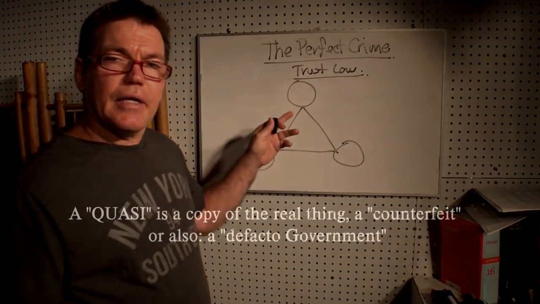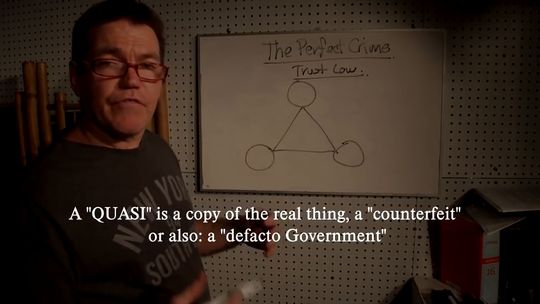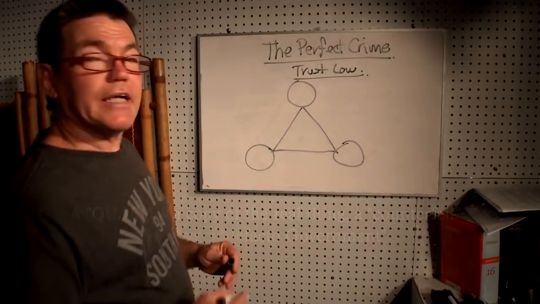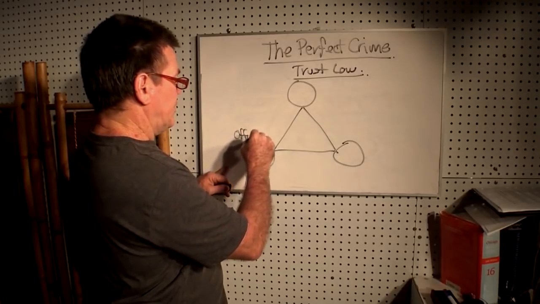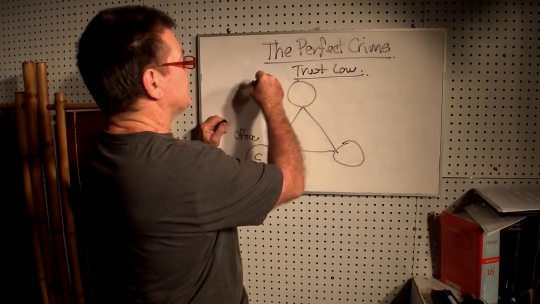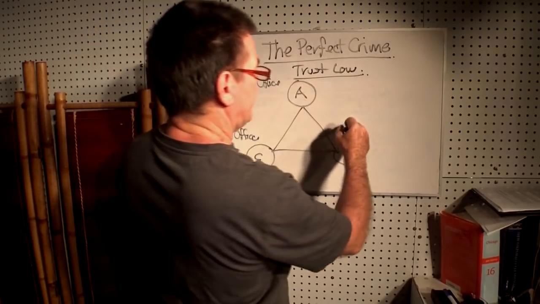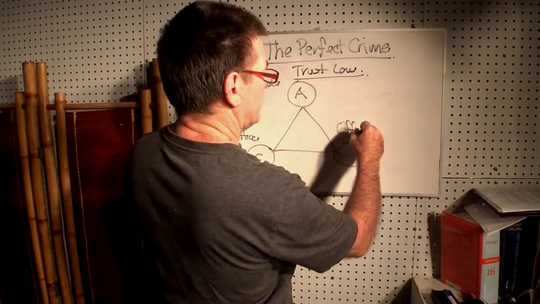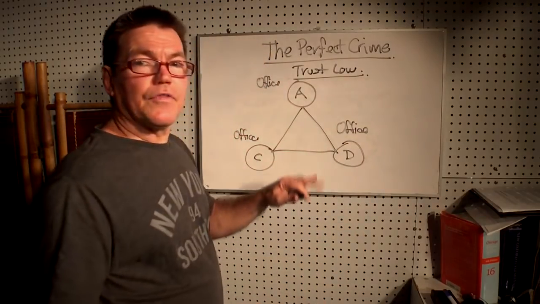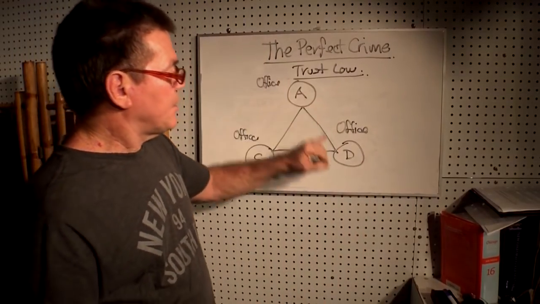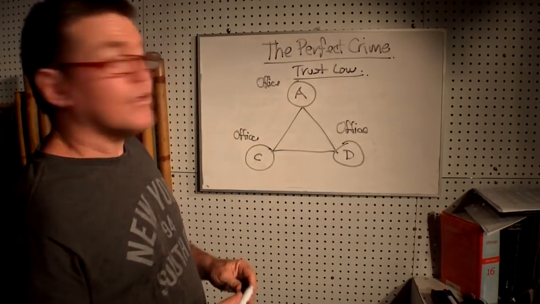But it is a quasi, which is a fictitious trust, a fiction trust, and it operates as the office of creditor, the office of administrator, and the office of debtor.